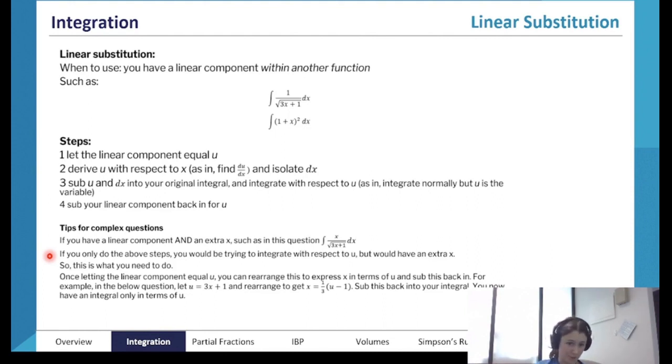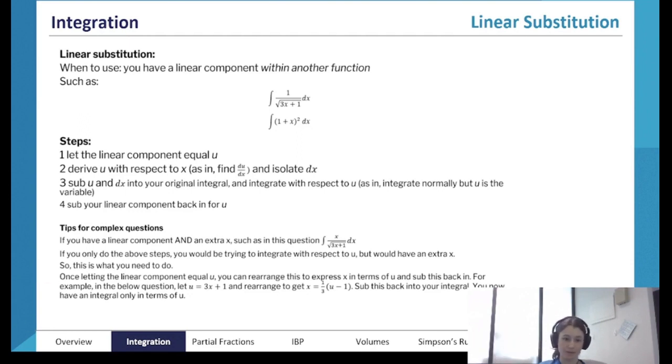So what you need to do for these questions is, once you let the linear component equal u, you need to rearrange this expression in terms of u and sub this back in again. And this way, in your integral, you're only going to be left with u. You're going to eliminate all of the x's.